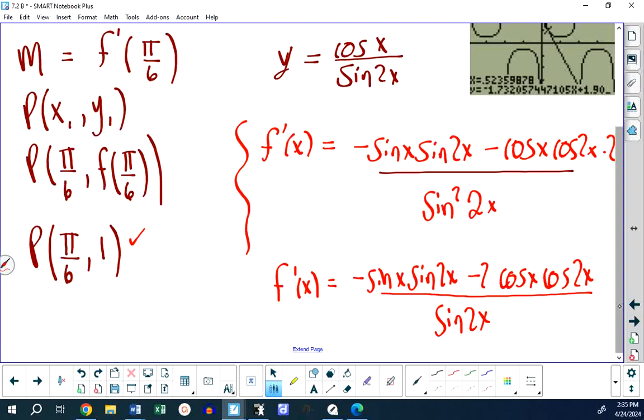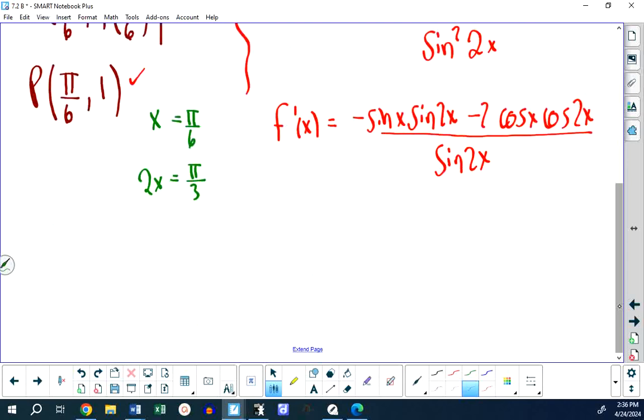We know what pi over 6 has for coordinates and what pi over 3 has for coordinates. I'm also just reminding you that x is pi over 6 and 2x would be pi over 3. All right? And I'm not looking at a unit circle. You can look at a unit circle, but between all of us, I want you to check my thinking here.